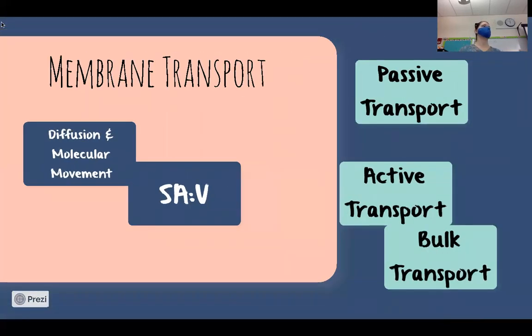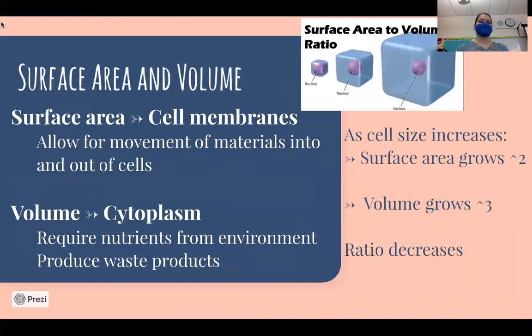Now, surface area to volume ratios are going to be incredibly important as they relate to how a cell is able to function. So think of it like this. When I say surface area, I really mean what's covering the cell. In this case, that would be the cell membrane.